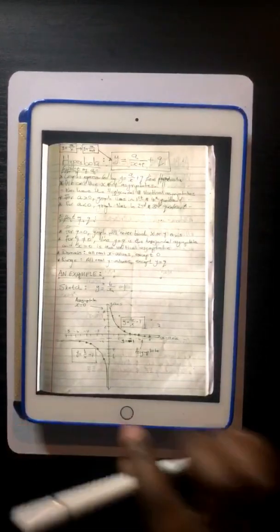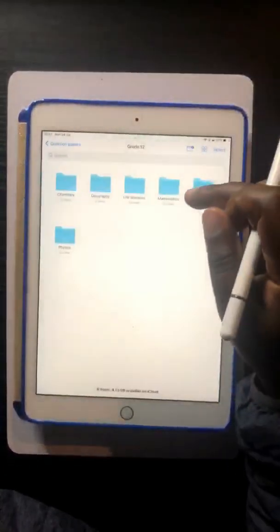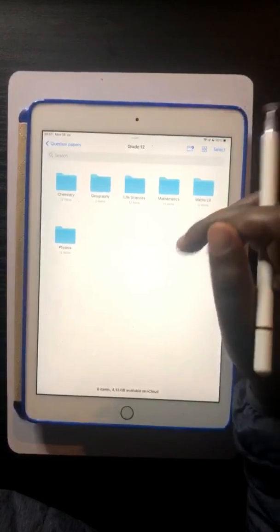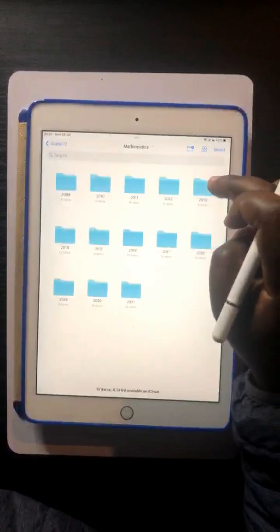They are posted in the library. You can just send an inbox to our manager there. She's going to help you to access this note. So question papers, for example, let me take it for grade 12, but you guys in grade 10 and 11, you will still understand this thing.